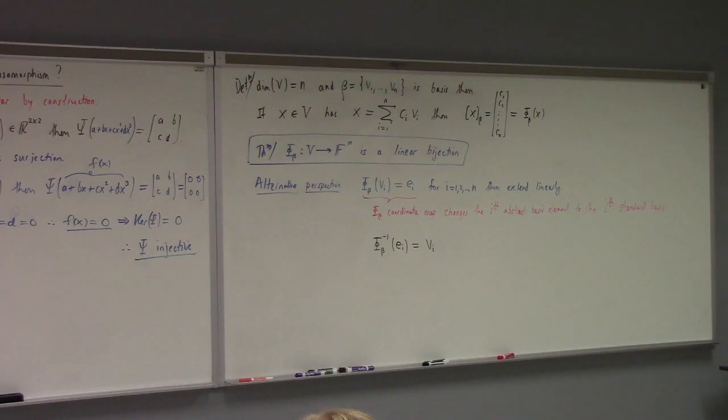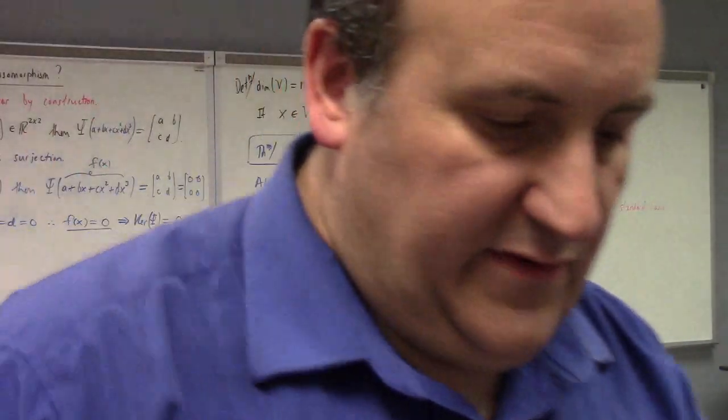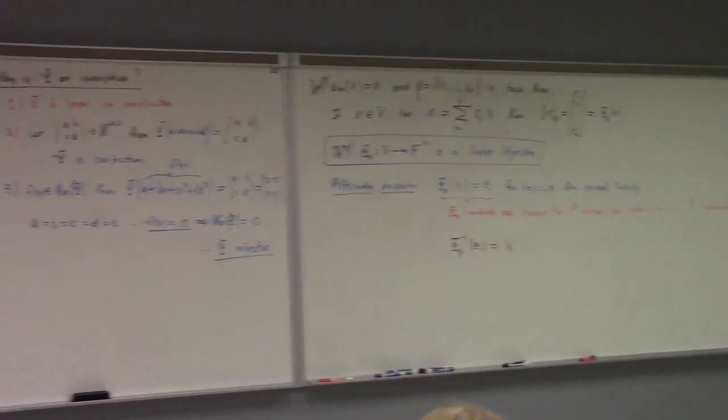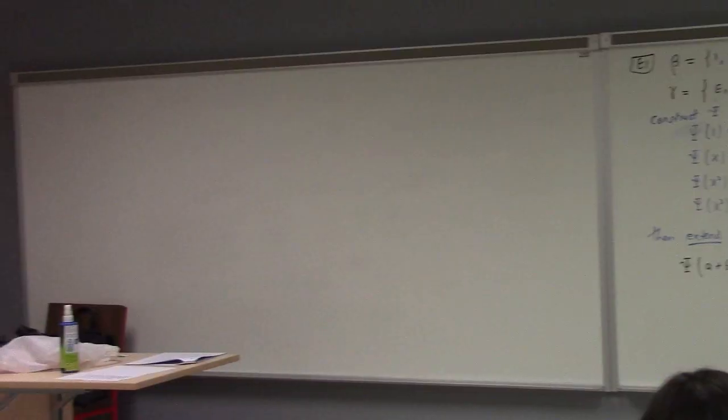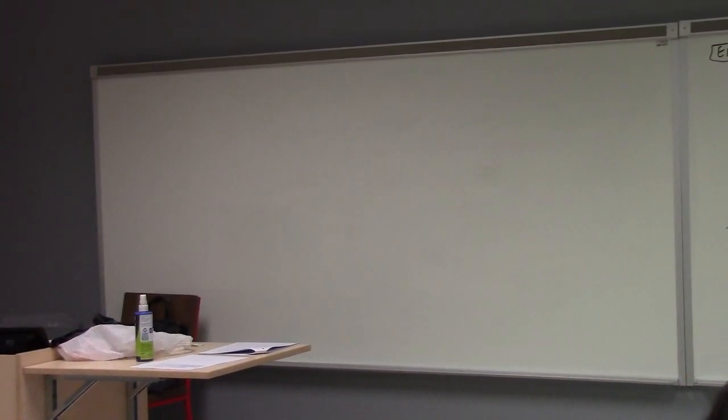If you already knew that theorem, then proving that two vector spaces of the same dimension are isomorphic would be an immediate corollary, pretty much, right? But let's suppose we don't know that theorem, and we just want to prove that two vector spaces of the same dimension are isomorphic, all right? I want to show you how to prove that using coordinate maps.